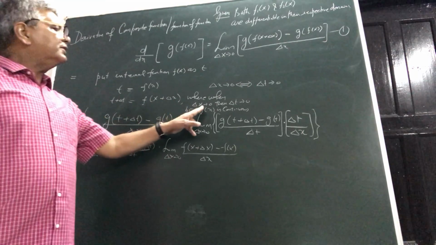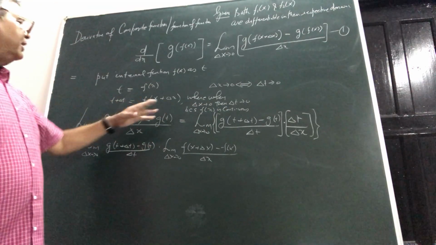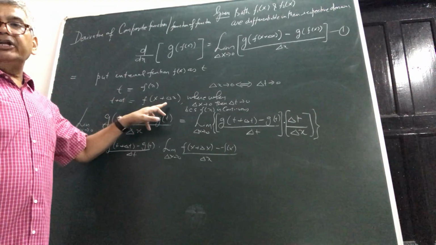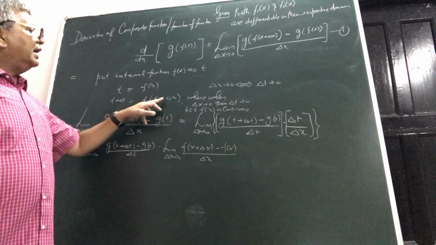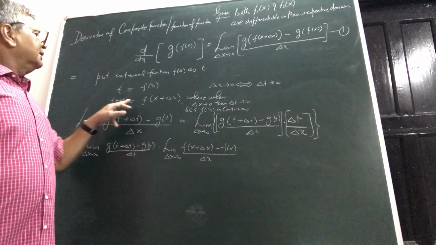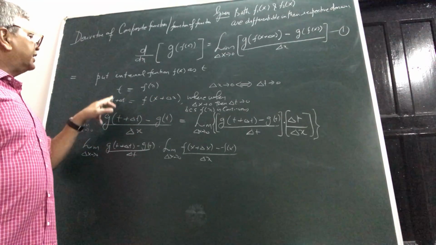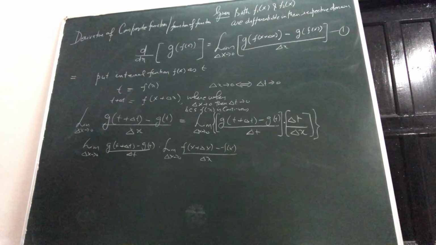I've already explained why such a thing is happening: your function is a continuous function, and in continuity, if delta x tends to 0, then f(x + delta x) will approach f(x), and f(x) is t. So delta t will also tend towards 0.